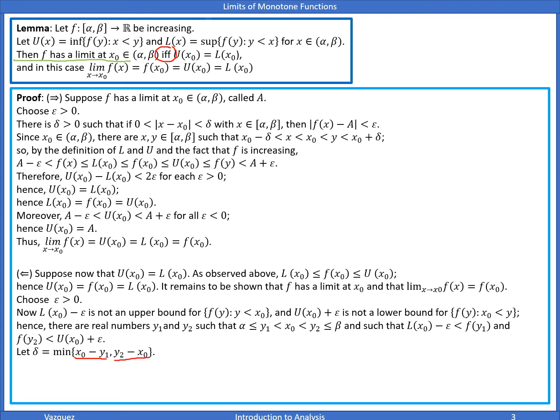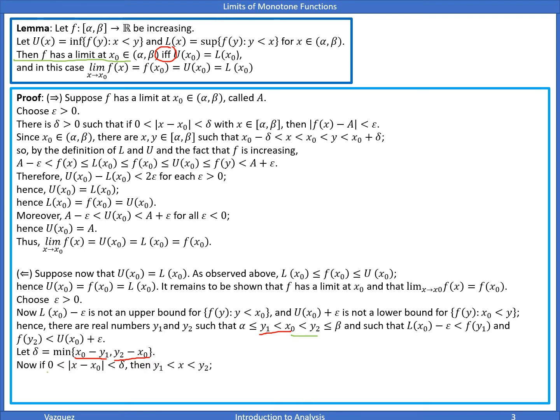So basically, we're going to let delta be the difference that's less between these 2 points and between these 2 points. Whatever difference is less, we're going to let that be the minimum.